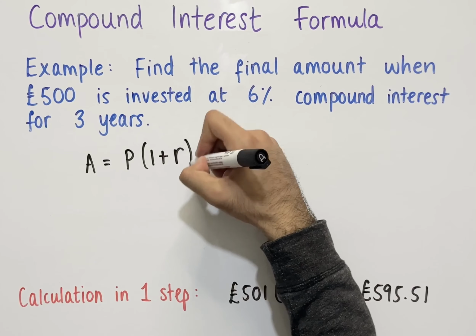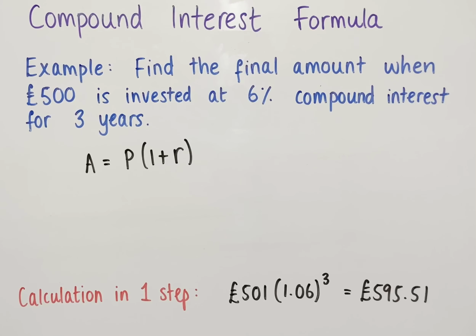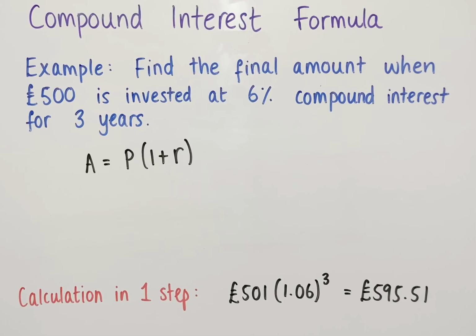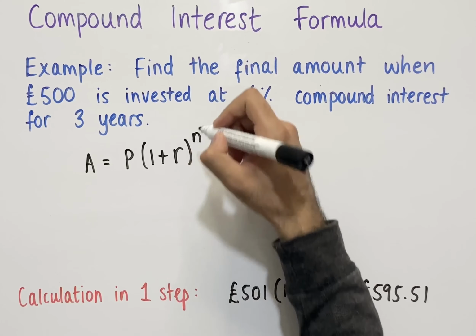And then all of this would be raised to the power of the number of years our investment is being applied for. So in this case, if we had a power of 3 here, that represents 3 years, then we could generalize this and say that the number of years is called n.